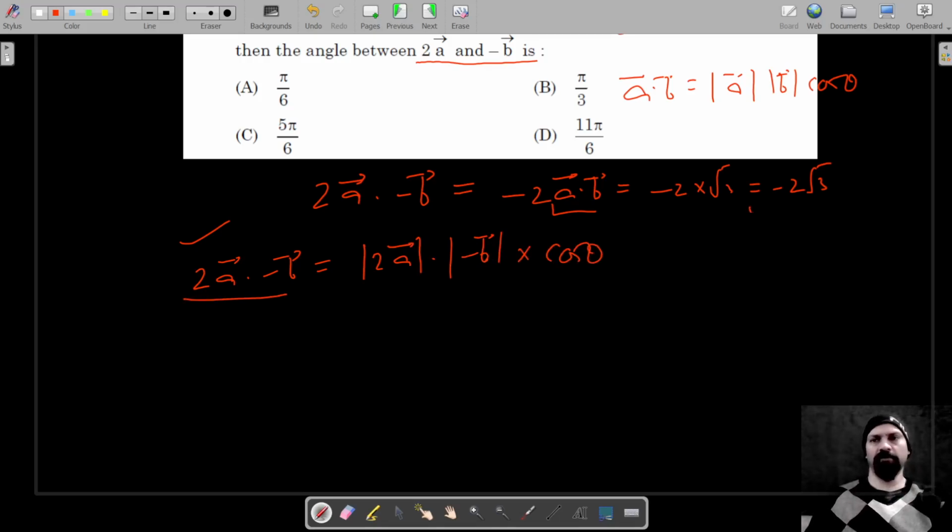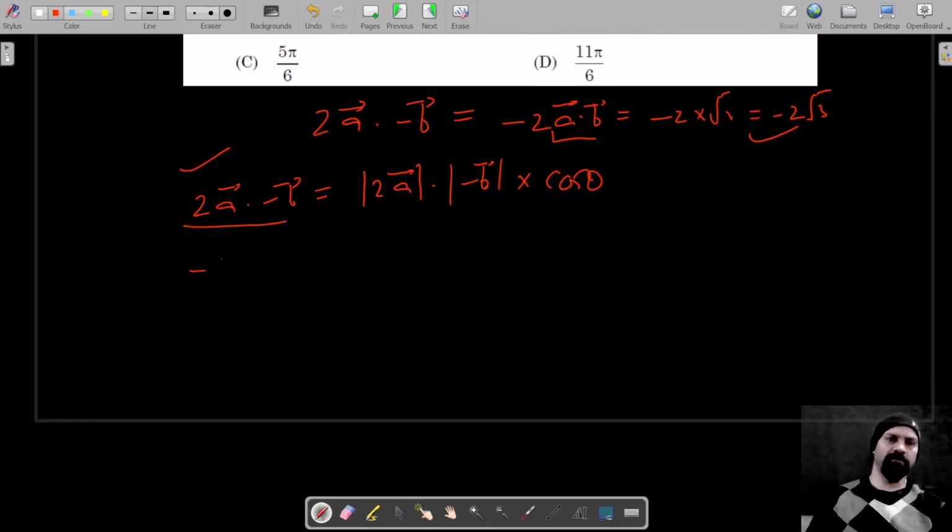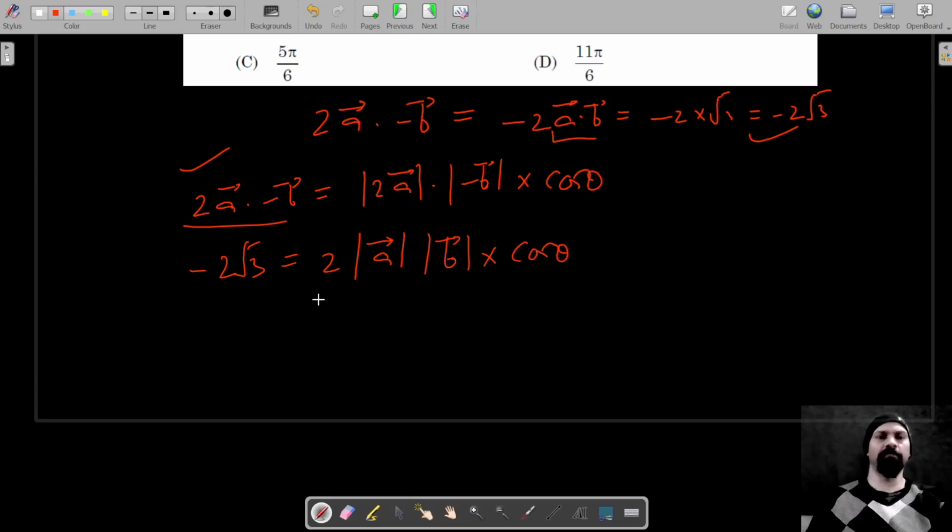Now this I have evaluated here, this is negative 2√3. Now this can be written as 2 into magnitude of A, and the magnitude of negative B is equal to magnitude of B, because we have to square the components to get the magnitude. So this can be written as the positive magnitude of B.